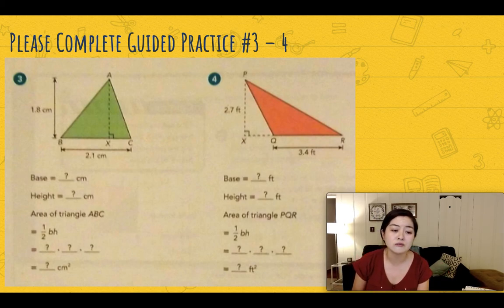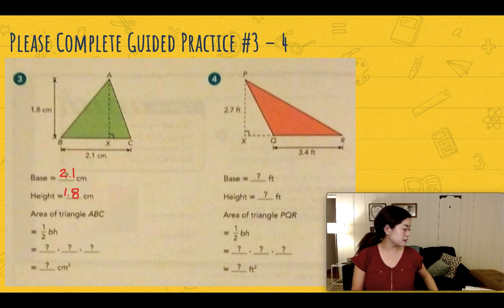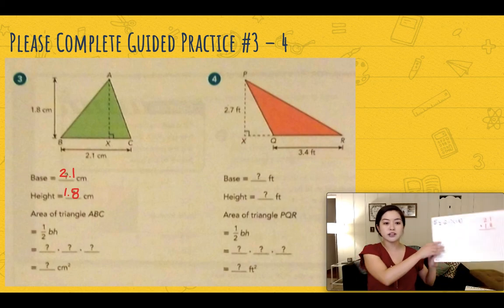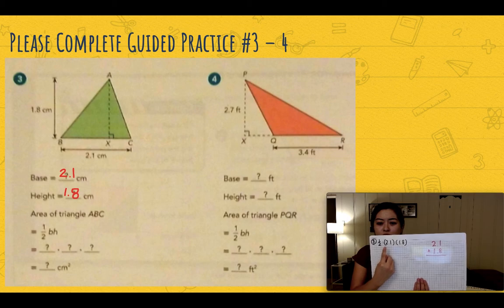So the base is 2.1 centimeters, and if that's the base, then the height is 1.8 centimeters. So now I'm going to plug that into the formula for the area of the triangle, and you should get something like this: 1/2 times 2.1 times 1.8.